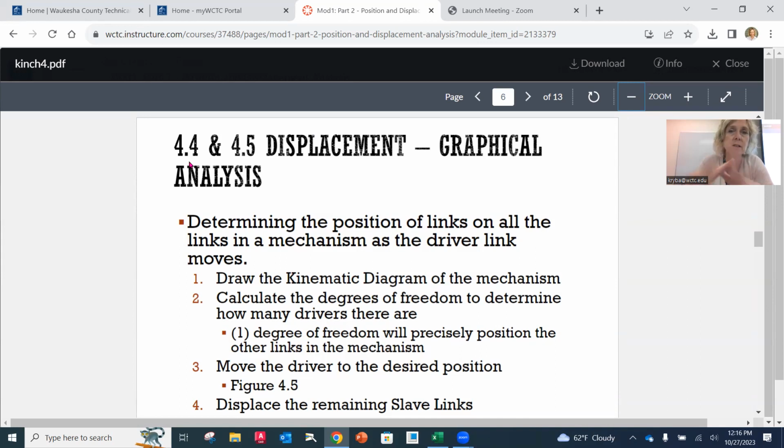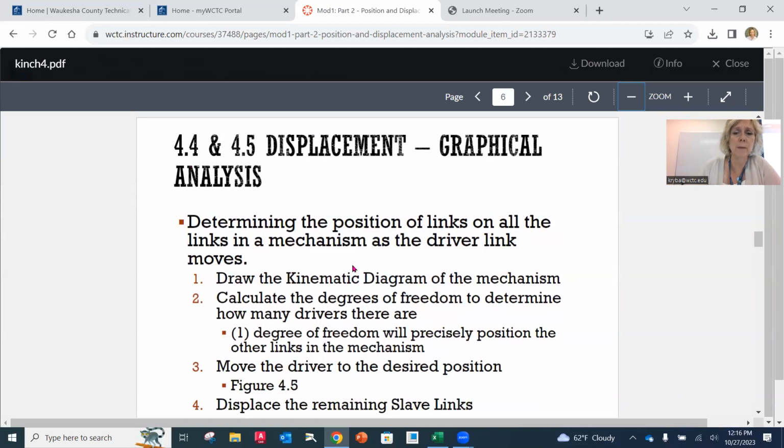So I like to take this opportunity to get us back into 2D CAD. You've maybe been away from AutoCAD for a little bit. Let's revisit it before you officially go out into industry, because it is a skill that you want to practice. So it's a great place to bring AutoCAD back and use it to solve these problems.